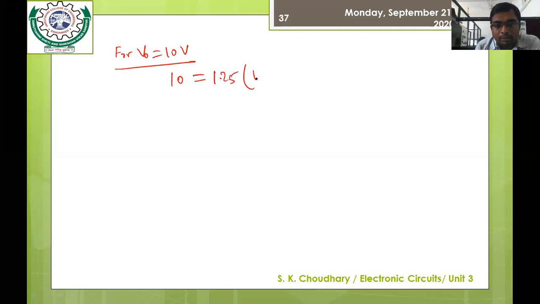In the first case, for V naught is equal to 10 volt, what is the value here? 10 is equal to 1.25 into 1 plus R2, which is unknown, upon R1 is 240, plus 100 into 10 to the power minus 6 into R2.